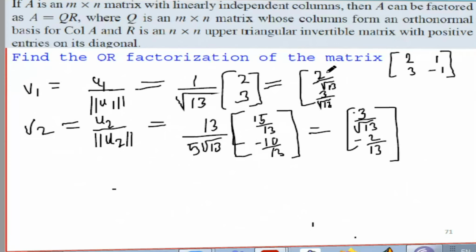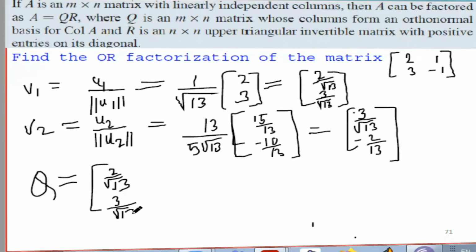In this way, we construct Q. Q is the orthonormal basis for the columns of A. So the Q matrix has first column 2 by root 13, 3 by root 13, and second column 3 by root 13, minus 2 by root 13.